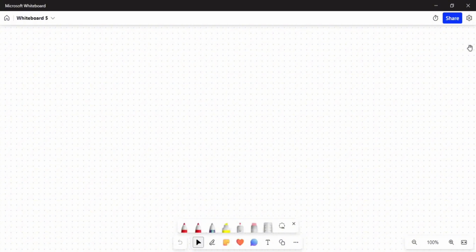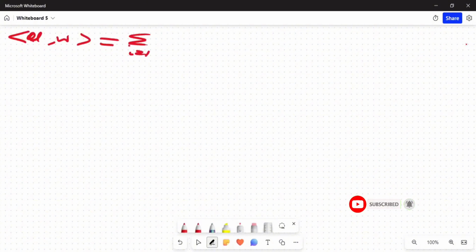I want to now show it. But before then, recall how the inner product of u, w is defined as summation, i running from 1 to n, of zi wi bar, the conjugate.